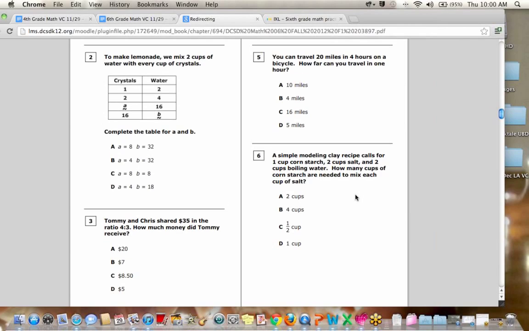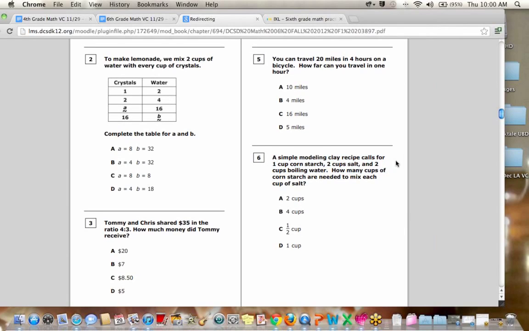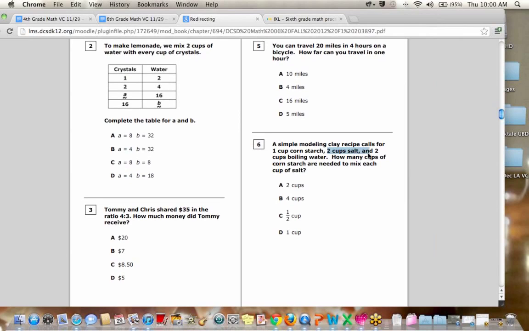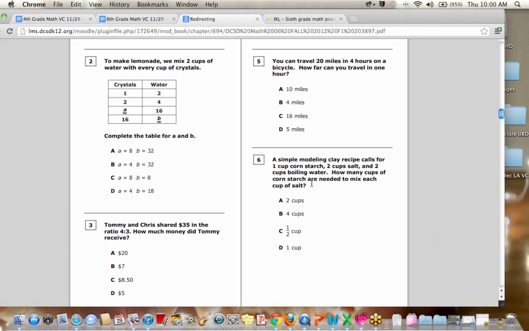And number 6, I think it's going to be helpful to draw a picture. Basically, we have a simple modeling clay recipe, and it calls for 1 cup of cornstarch to 2 cups of salt. How many cups of cornstarch are needed if I want to mix just 1 cup of salt?